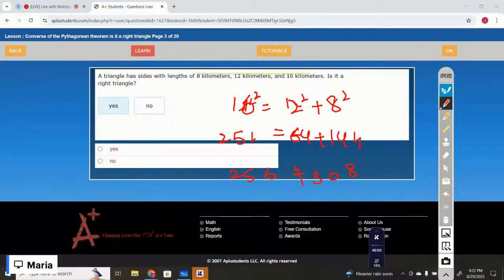So 256 is not equal to 208. The correct option is no.